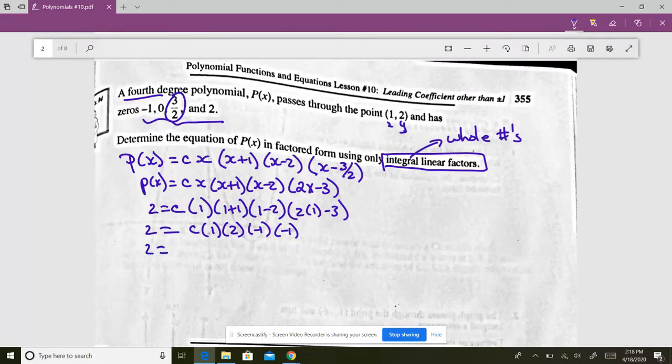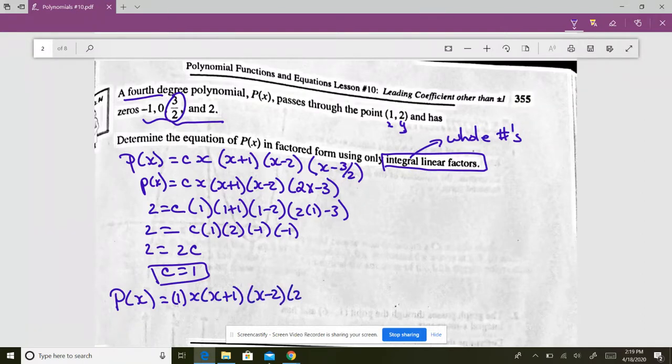So I get 2 is equal to 2c. Therefore, c is equal to 1. Pretty boring. But if it's 1, you don't have to write it in, but I will just for this one. x plus 1, x minus 2, 2x minus 3. There we go. Okay.